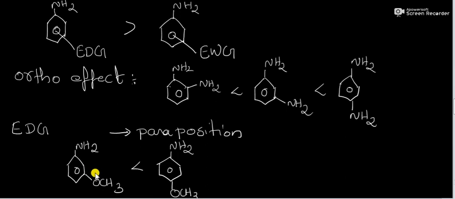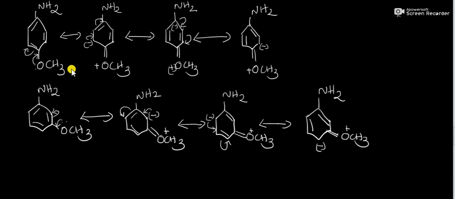Consider an example of para-anisidine and meta-anisidine, which will be more basic. Here OCH3 group has plus M effect, so it is an electron donating group. Here the basicity will be enhanced when the electron donating substituent is present at para position compared to meta position.